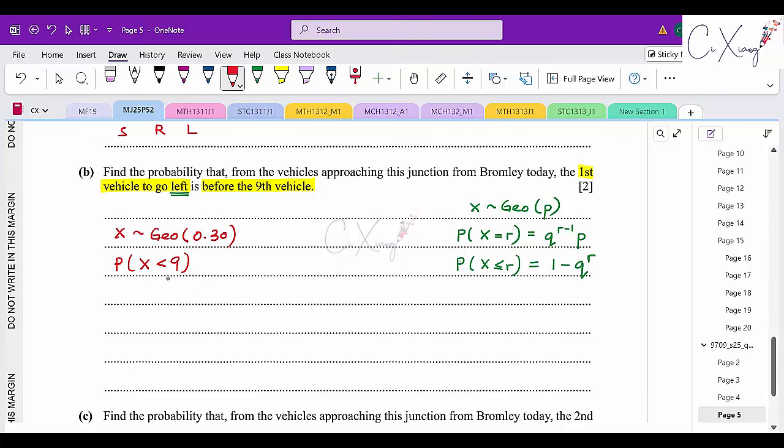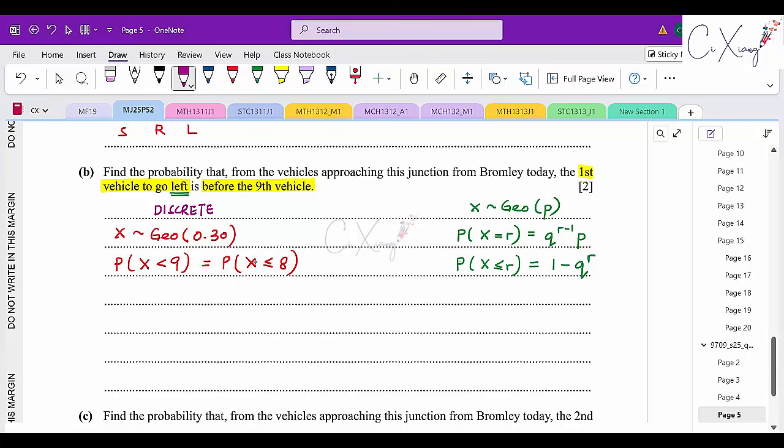If I want to apply this shortcut formula, then I will change it to x smaller than or equal to 8, because geometric distribution is also a discrete random variable where all values of x should be integers. If I'm having x smaller than 9, it also means that 9 is not included, right? But I can also rewrite it as x smaller than or equal to 8. That means 8 is included.